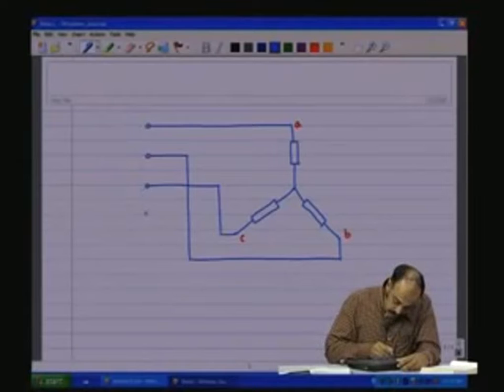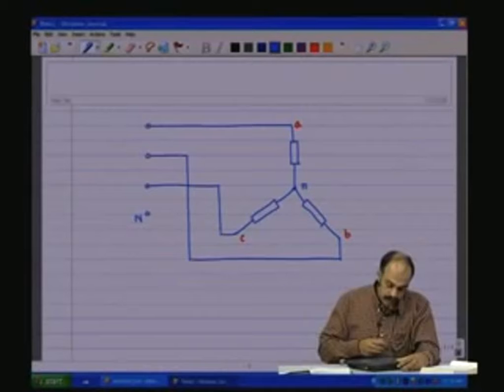There is also on the source side a neutral terminal, something like the center point. We will call this one as N.